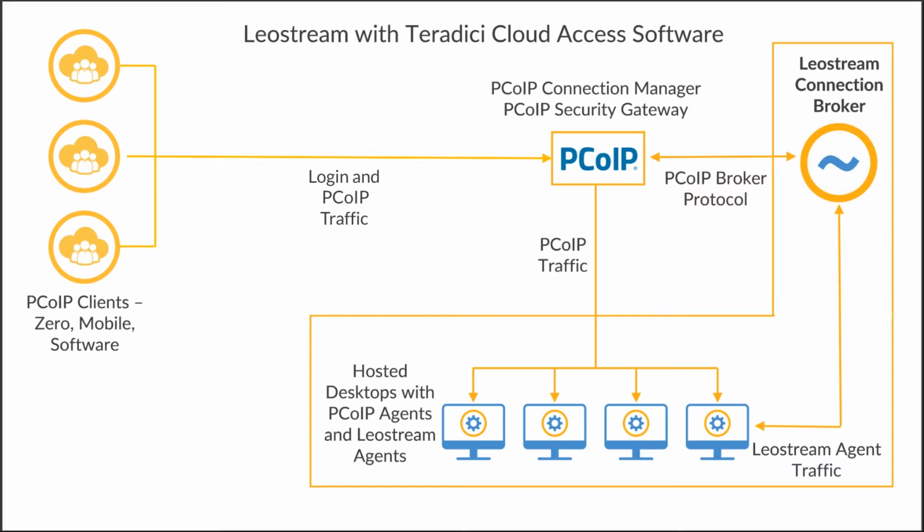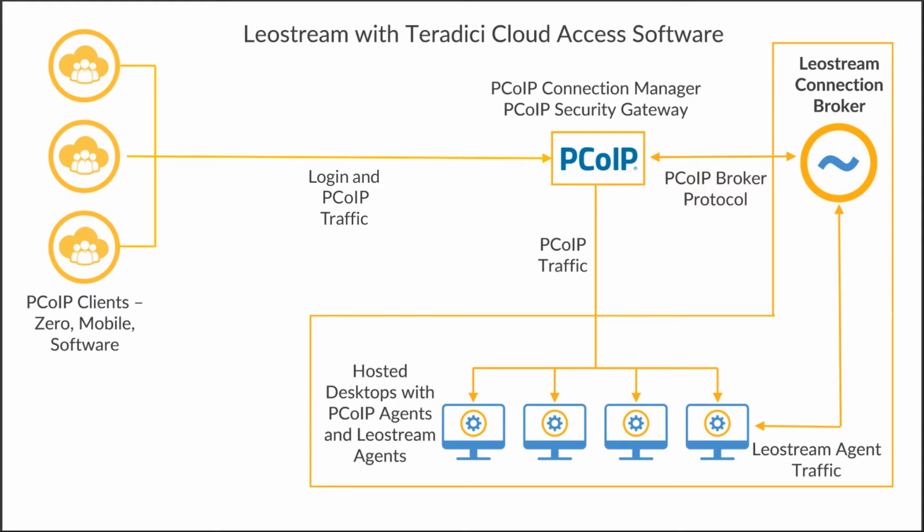And then there is still a piece that you get from Teradici, and it's called the PCoIP Connection Manager and Security Gateway. This is not the Cloud Access Controller. It is not the Cloud Access Manager. It is a different piece of software. These two pieces, the Teradici PCM SG and the Leostream Connection Broker, install on separate machines.